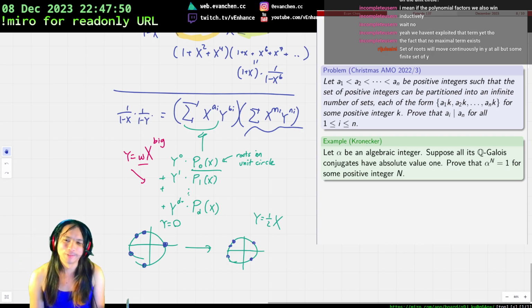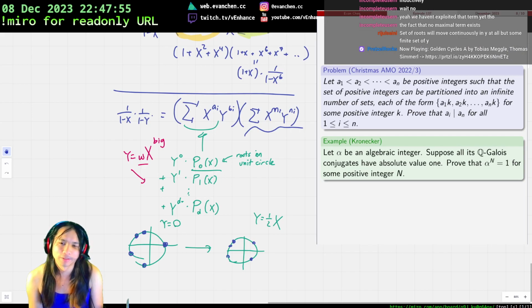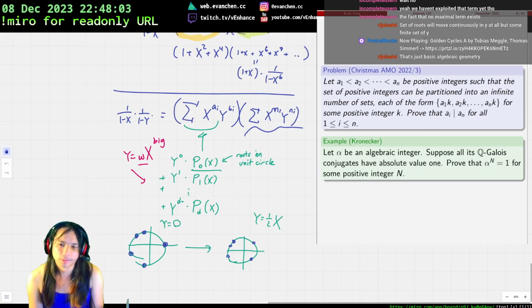I know that the constant coefficient will be 1 as long as y is really tied to x. I really want the leading coefficient to also be 1. However, what if I just use x to the large? If I just use x to the large, full stop, does that force the leading coefficient?